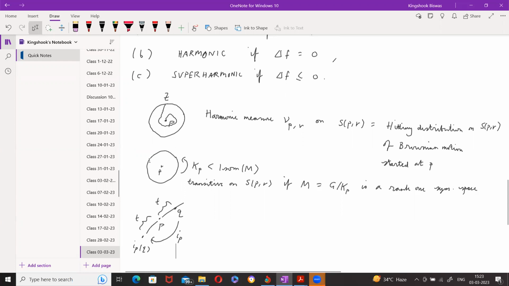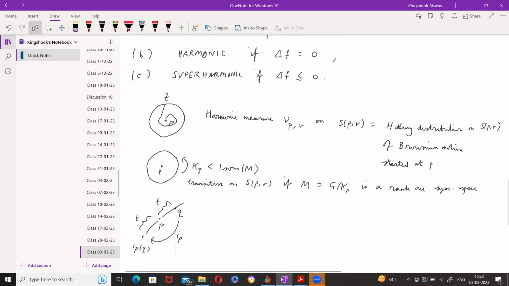Because Brownian motion is natural with respect to isometries, the hitting distribution of Brownian motion becomes invariant under the stabilizer of P. That's a compact group acting transitively on this sphere. So there is a unique probability measure on this sphere which is invariant under this compact group, which is the Haar measure.